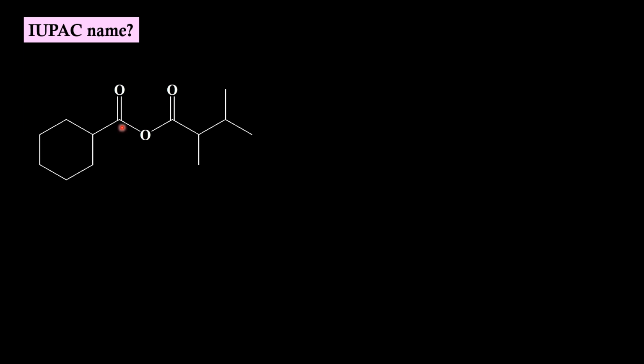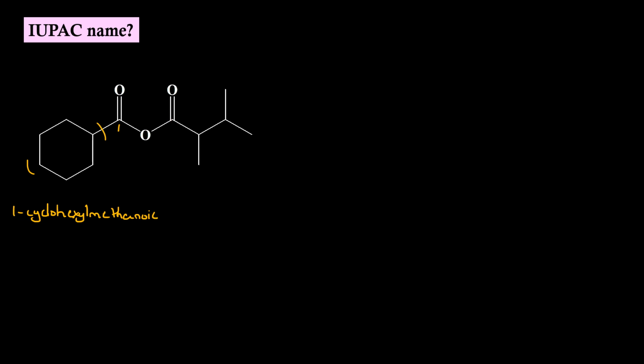With this molecule, let us first number this acid part. We have one carbon atom as a parent chain and this as a substituent. The name of this acid part will be 1-cyclohexyl methanoic. On the other side, this carbonyl takes up the number 1.